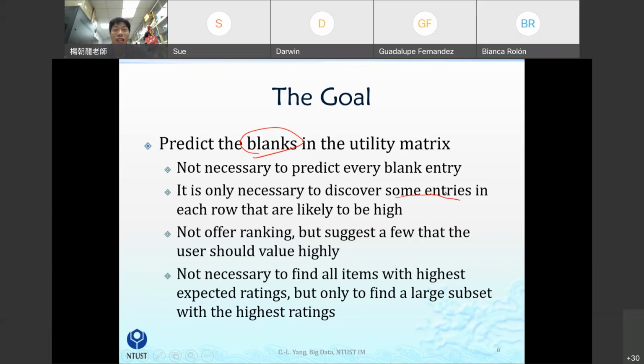So that's why we don't need to go through all the blanks, but we really need to find something. Also, it's not necessary to find the item with the highest expected rating, but only to find items with large ratings. So we want to find a subset that will probably be rated very high.